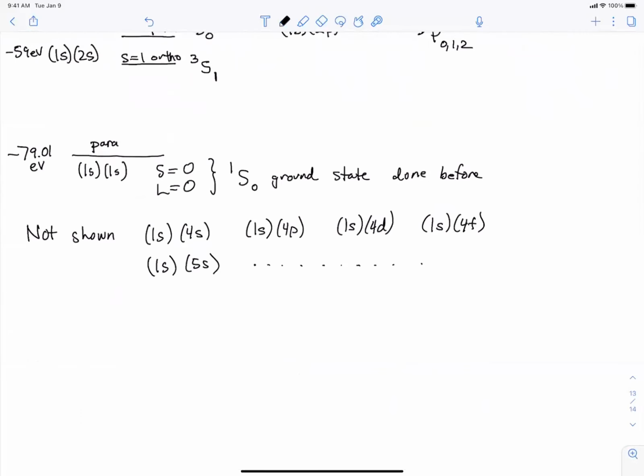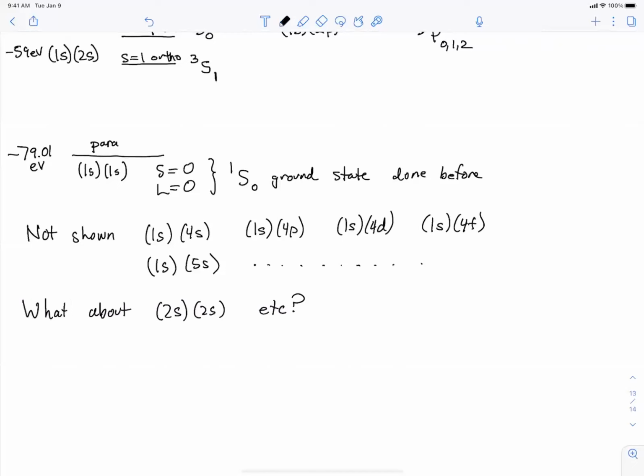So you notice I've put 1s for the first one in all cases, and so it's fair to ask, what about things like maybe 2s2s, etc.?